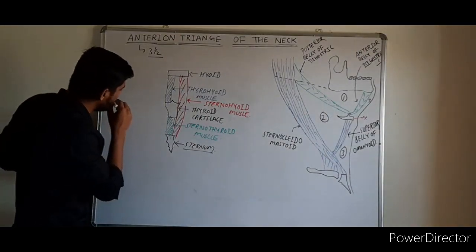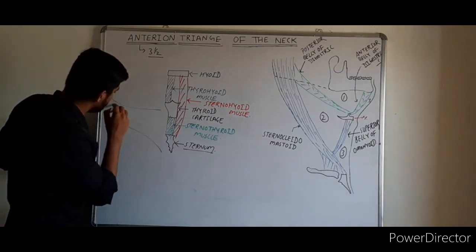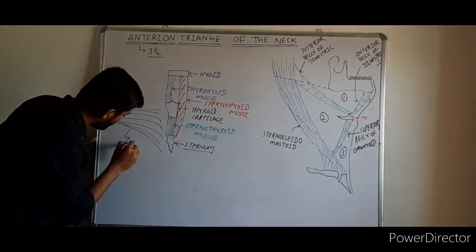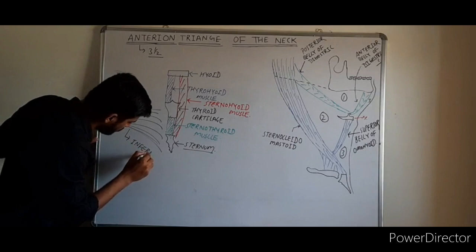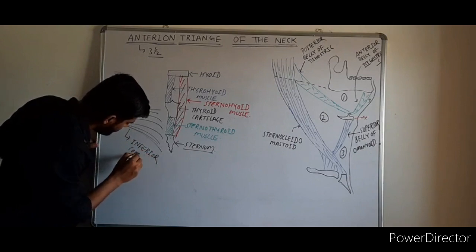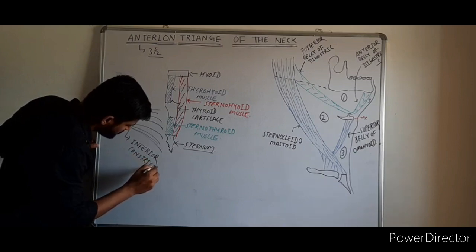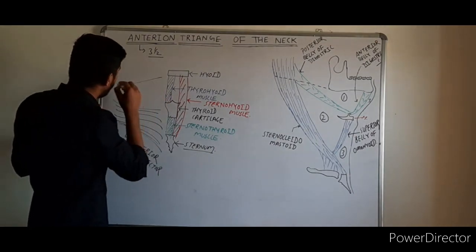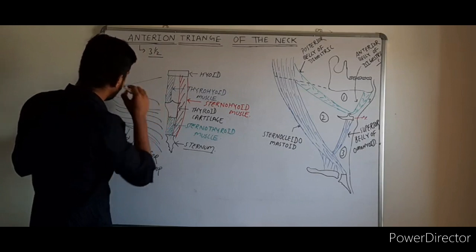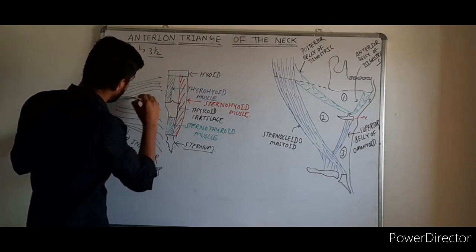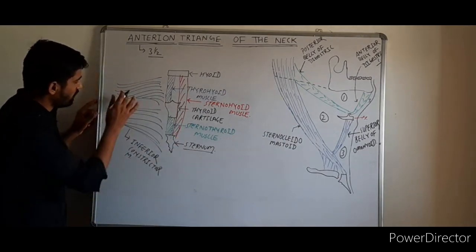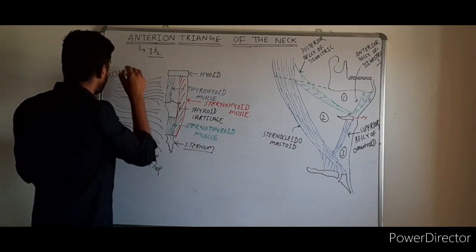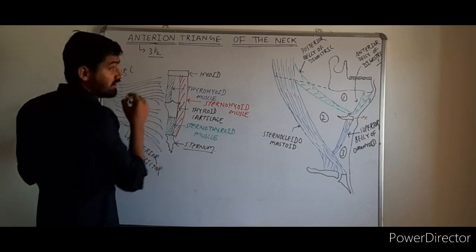The inferior constrictor is like this muscle, and one is this, the middle constrictor muscle of the pharynx.